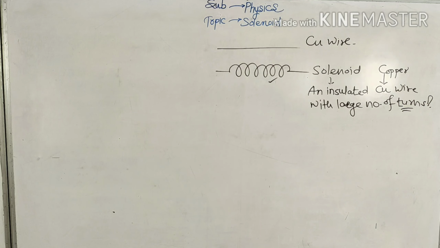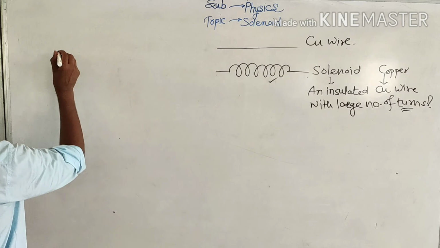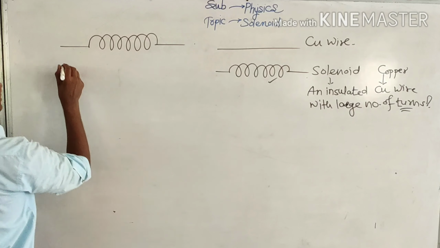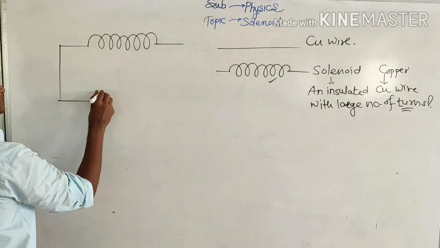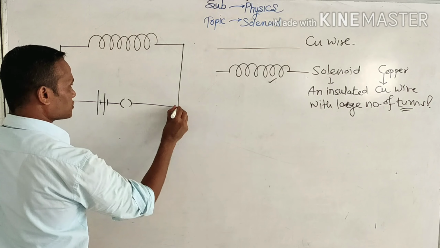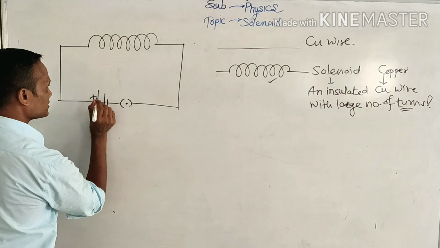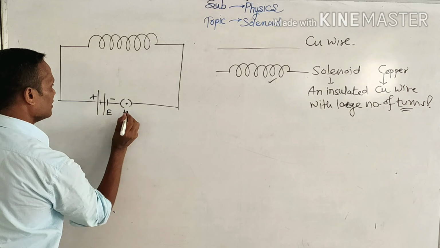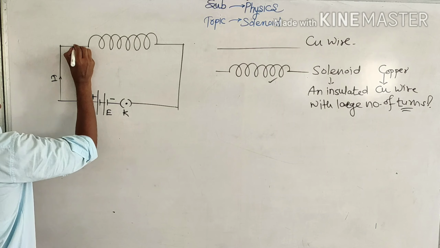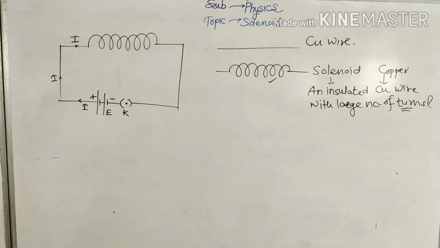So let us understand what exactly happens when current passes through your solenoid. Now see, this is your solenoid. I have connected this across a cell or a battery like this. As soon as we close the key, current starts moving from the positive end to the negative end, and this current enters inside the solenoid.